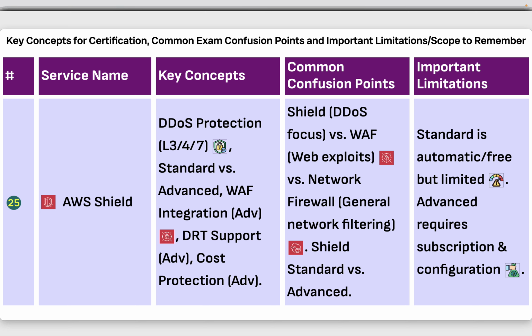Confusion can be Shield, which is mostly DDoS, distributed denial of service, focus, versus WAF, which is specifically for web application and web exploits, versus Network Firewall, which is general network filtering. And just to know the differences, you should know what is under standard or advanced. Limitations: standard is automatic, free but limited. Advanced requires subscription and configuration.